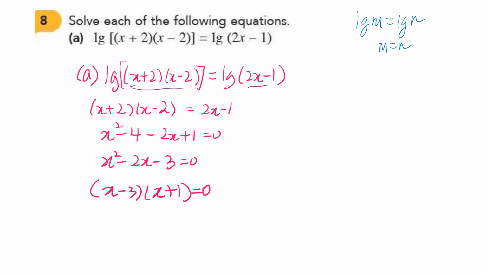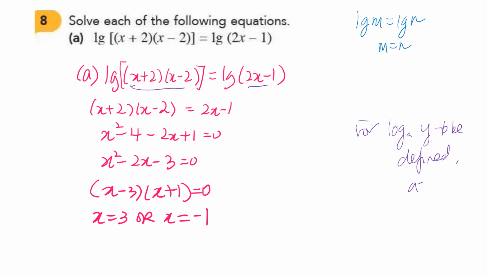Now most of the time you would have to substitute the values of x into the original equation, because not all the answers are accepted. If you recall, you have to treat log with tender care. For this to be defined, there's certain conditions: a cannot be 1, a must be more than 0, and y must be more than 0.